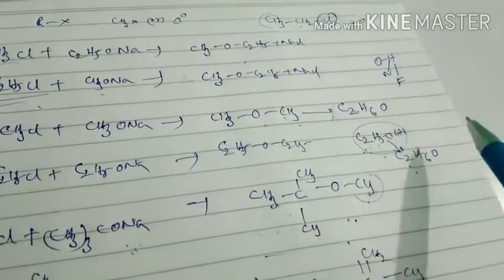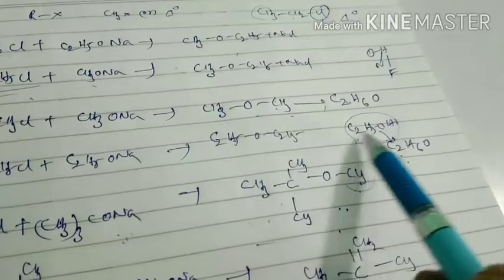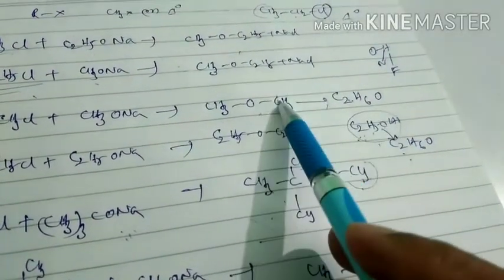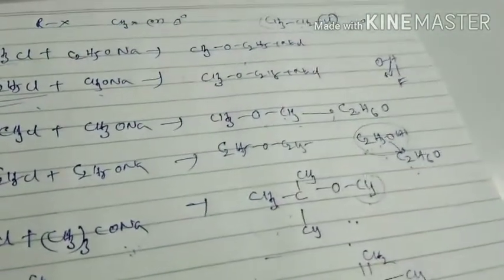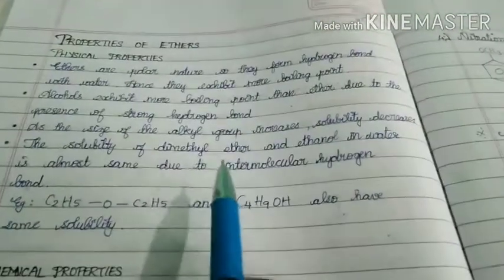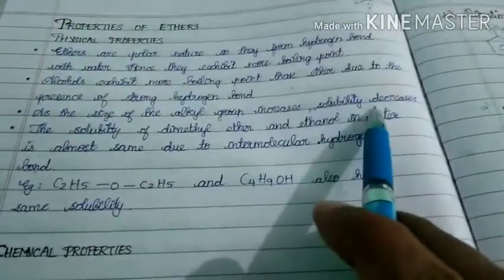If any compound exhibits hydrogen bond, then that compound has more boiling point. So what is the point here? This ethyl alcohol has more boiling point compared to dimethyl ether, even though both have the same molecular formula and same molecular weight. Next point, as the size of the alkyl group increases, solubility decreases.